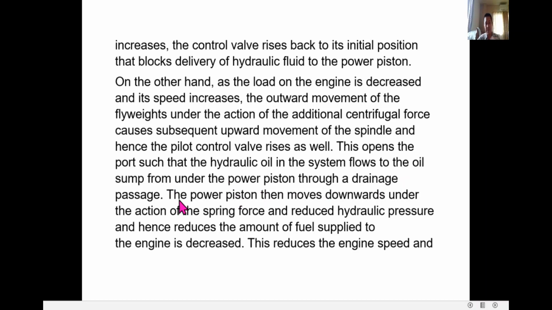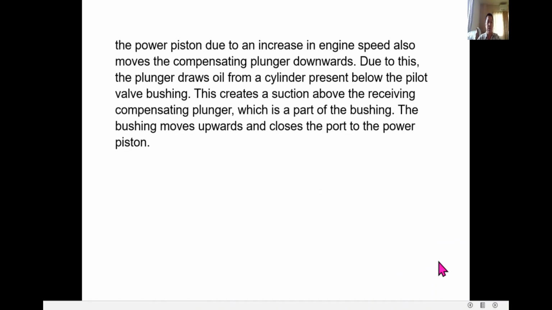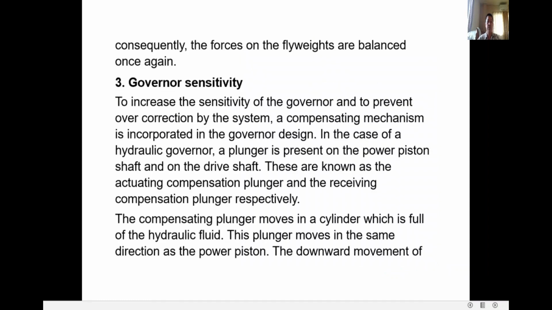So the power piston then moves downwards under the action of the spring force and reduces the hydraulic pressure, and hence the amount of fuel supplied to the engine is decreased. This reduces the engine speed. Consequently, the forces on the flyweights are balanced once again.